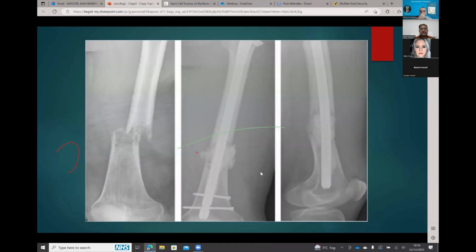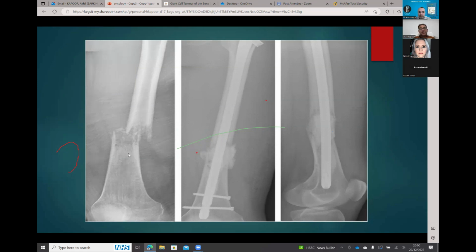On the contrary, I wanted to pick up this series of X-rays. Starting from the left, this is an X-ray of the mid shaft of the femur, and you can see that there is clearly a pathological fracture through what looks like a lytic, moth-eaten lesion, where the zone of transition is not very clear and it's not a well-defined lesion.